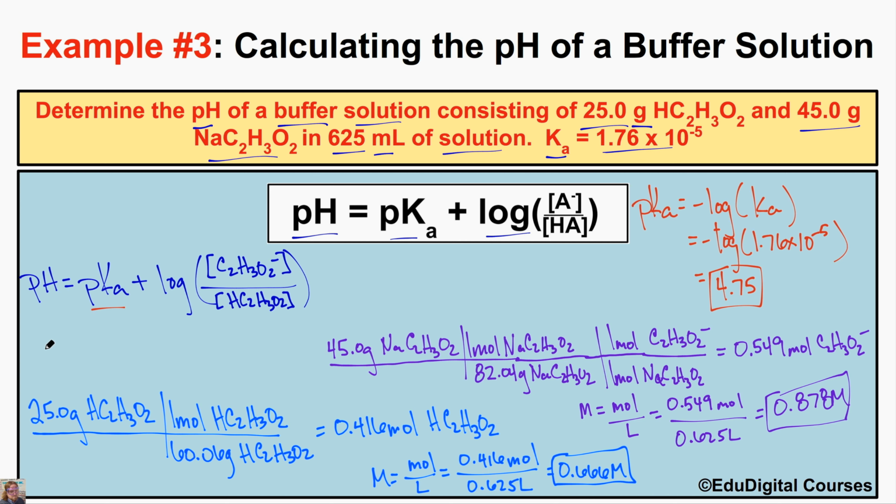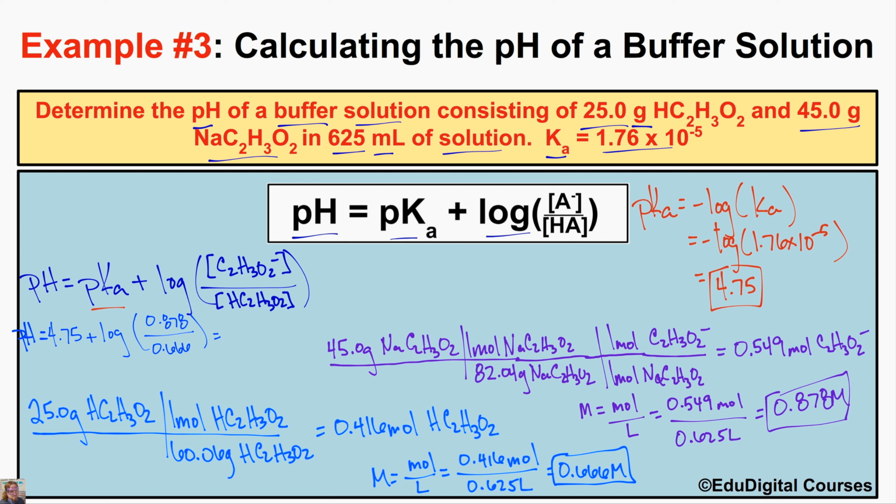To get the pH of this solution, we take the pKa value, 4.75, plus the log of the concentration of our acetate ions, or our conjugate base, 0.878 molar, all divided by the concentration of our weak acid, 0.666.